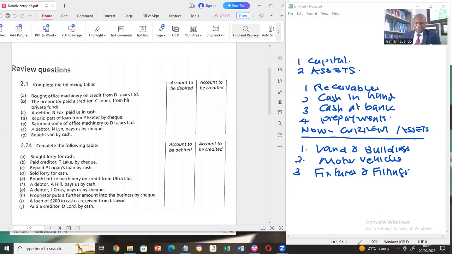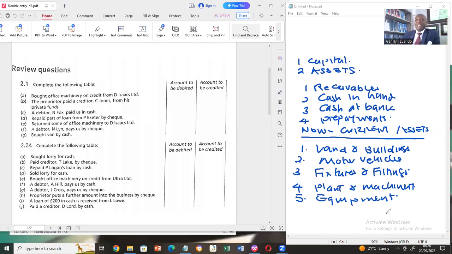Then we have plant and machinery. That's an example. Then we have office equipment. So these are the examples of non-current assets.